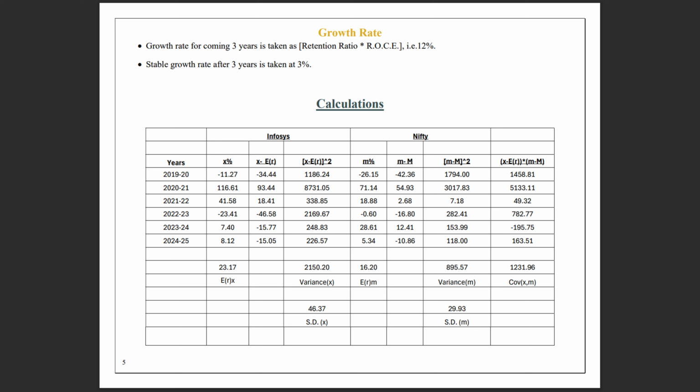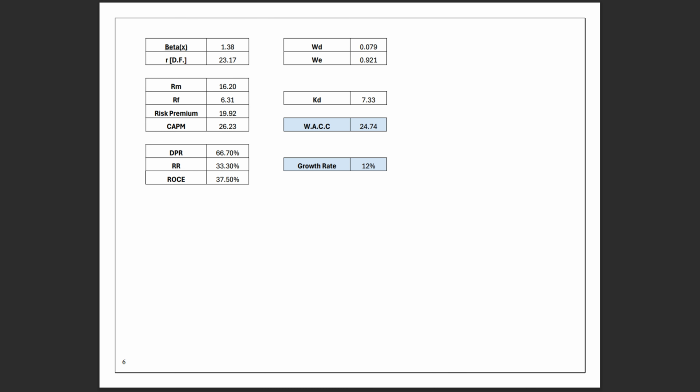Also, in the similar fashion, we can find out the required return, that is average return of Infosys in last 6 years, and that comes to 23.17%. Now, the CAPM cost of equity comes to 26.23% after calculating and considering the above data.